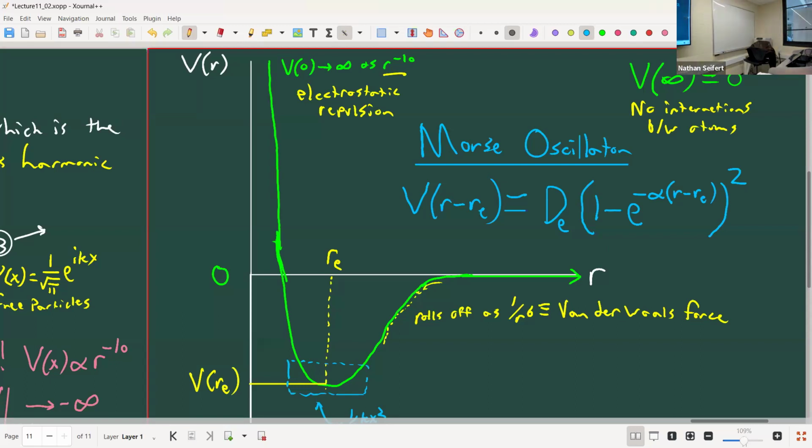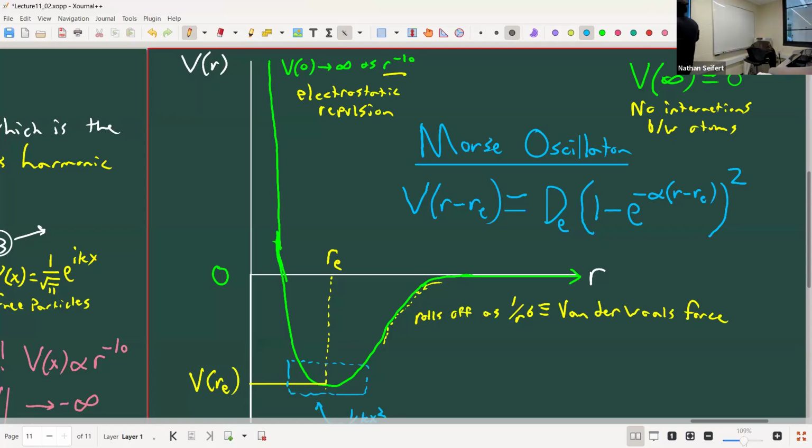So V goes to infinity on the short end. At long distance, this becomes e to the minus big number. That's e to the 0, so that's 1 minus 1, 0. So this potential goes to 0 as r goes to infinity.